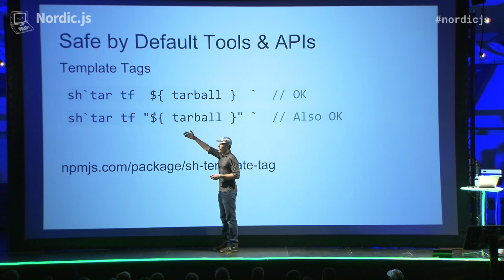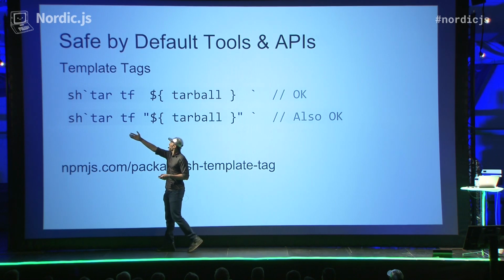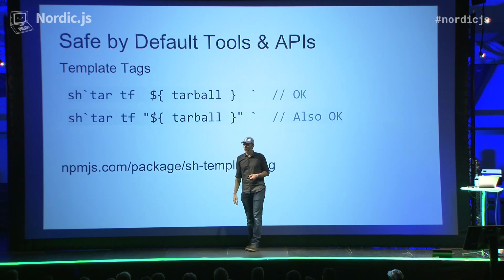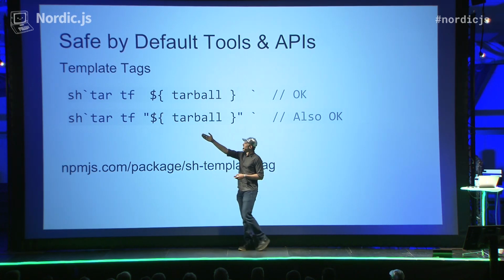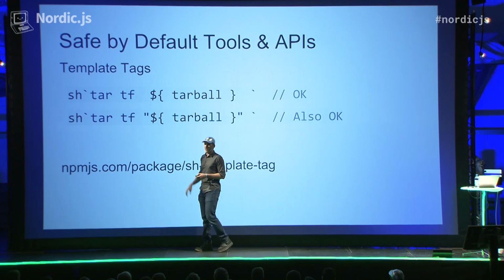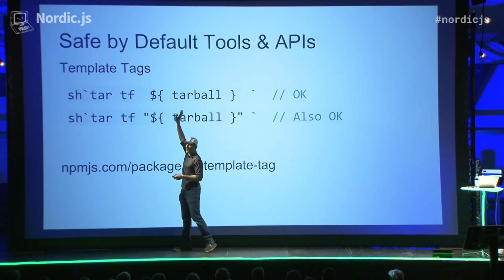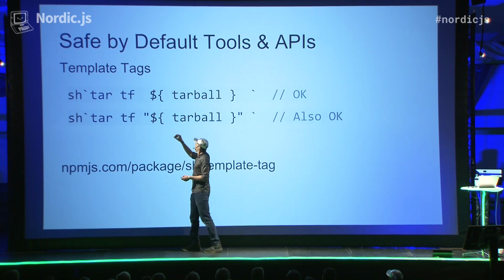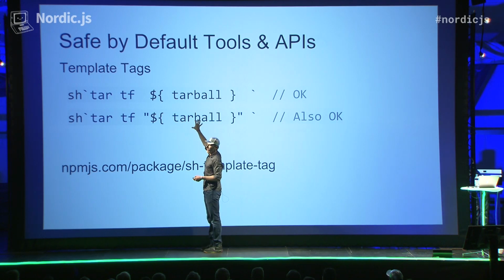This is creating a string that looks like tar -tf followed by some file path. sh understands the bash and sh syntax, so it knows that in the top one, it needs to wrap tarball in quotes and escape it, unless it happens to have type shell fragment. And it knows here that it needs to escape it but not wrap it in quotes.